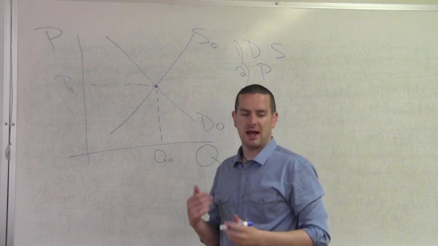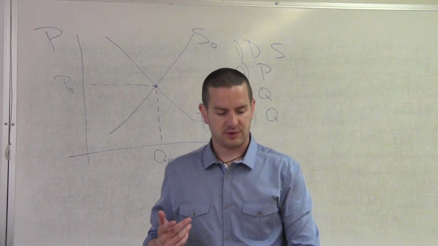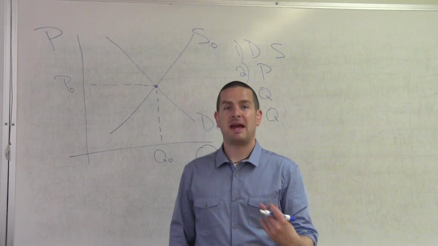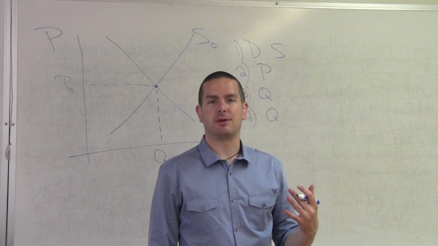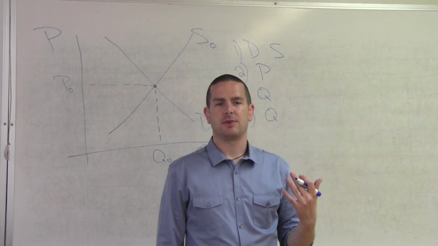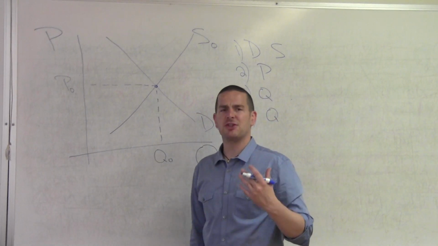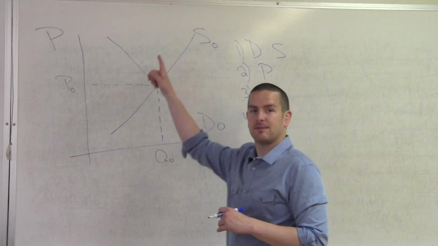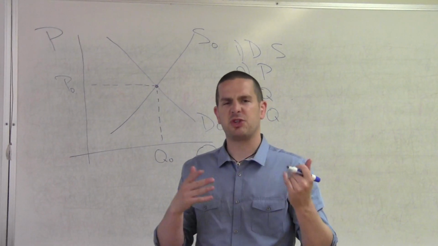Okay, so now let's take a scenario. Let's take a simple one. Let's say that President Obama passes a federal stimulus bill. Okay? He increases government spending. Well, we should backtrack first.